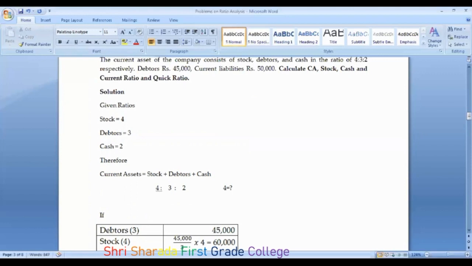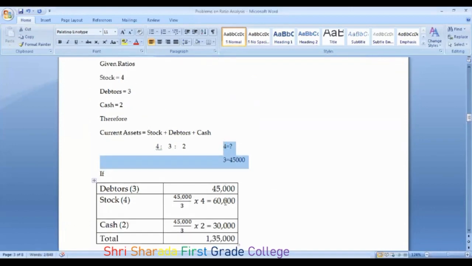There is the debtors. What is the debtor? 3 goes for 45,000. Okay. Cross multiply: 45,000 into 4 divided by 3 gives you the stock, and in the same way calculate the cash. Okay. So you will get 60,000 and 30,000 as the stock and the cash.